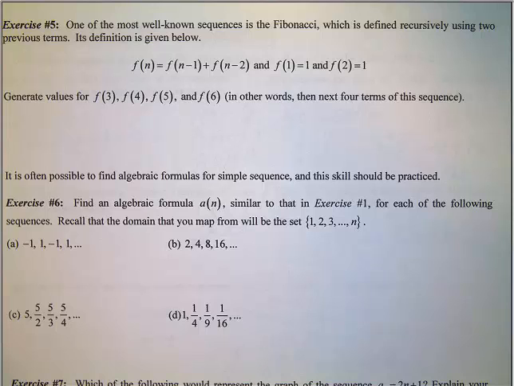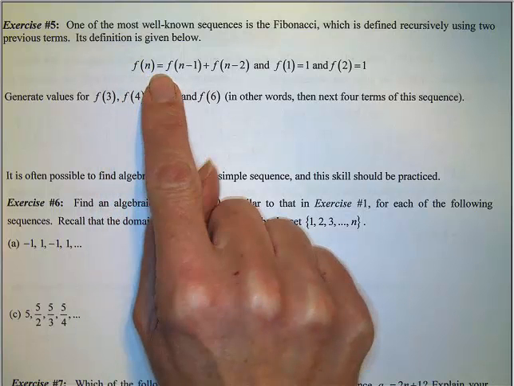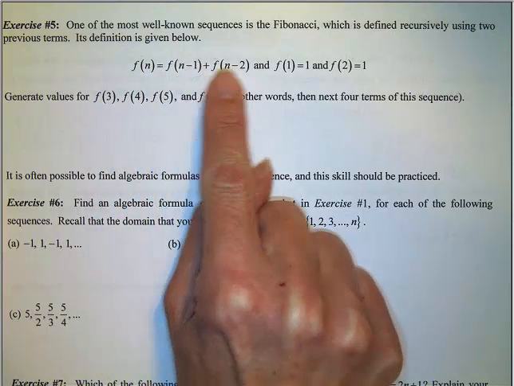Exercise 5. One of the most well-known sequences is Fibonacci, which is defined recursively using 2 previous terms. Its definition is given below. F of n equals f of n minus 1 plus f of n minus 2. So what that means is, say the fifth term equals the fourth term plus the third term.